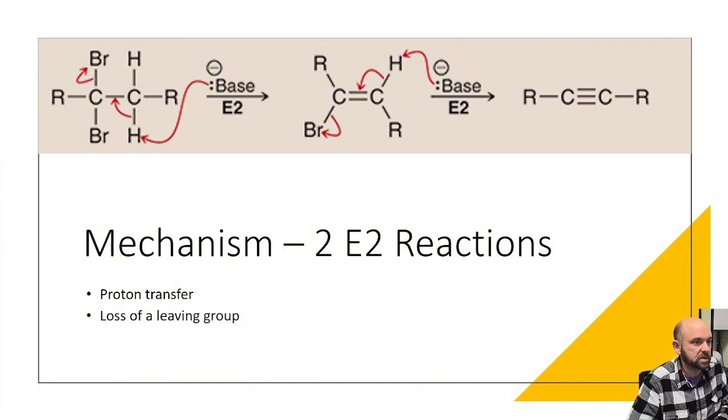We just make sure we put enough base into our reaction flask, and we just wait. A strong enough base, such as sodium amide, will take both protons away from that carbon, causing both of the halogens in the dihalide to be lost as leaving groups, giving us the formation of two new pi bonds, giving us a triple bond.